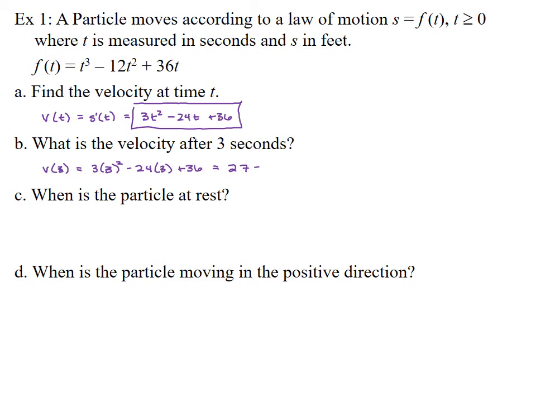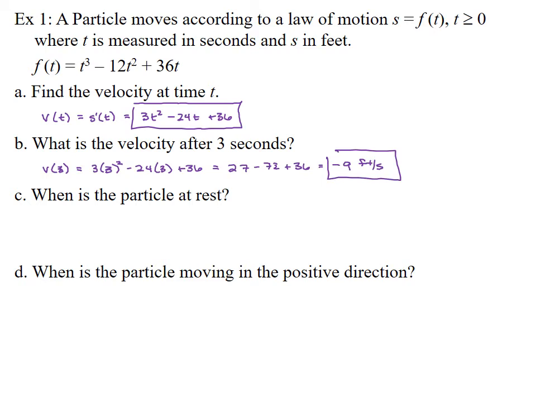I'm having a brain fart this afternoon. Minus 72 plus 36. That's going to be negative 9, and we're doing feet per second. So we have a negative velocity, and we're going to get into a lot more of what that means in just a second.